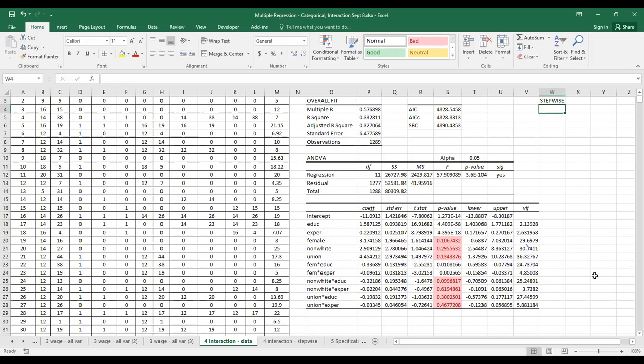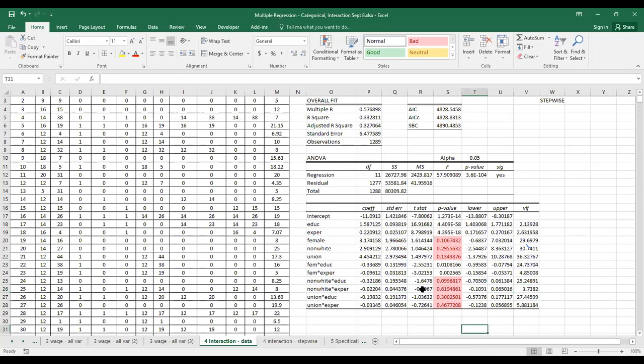Sinong unang tinatanggal natin? Ang unang tinatanggal natin yung pinakamaliit na absolute value ng t-stat or pwede rin yung pinakamalaking p-value. Okay? Dito ang pinakamalaking p-value ito. So non-white times experience. Ito yung pinaka hindi significant.